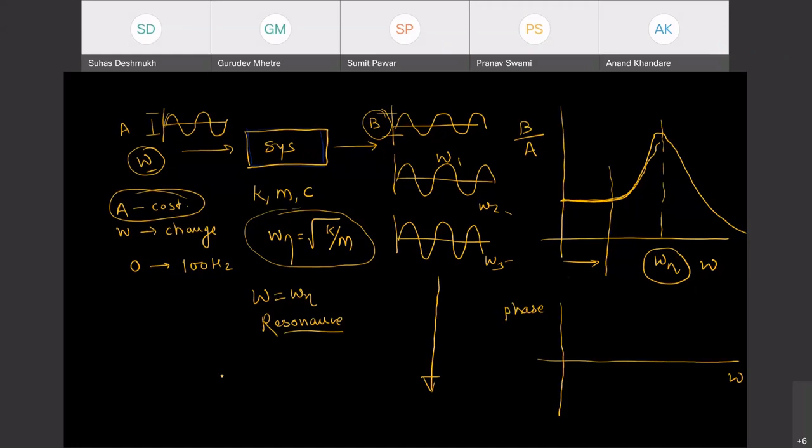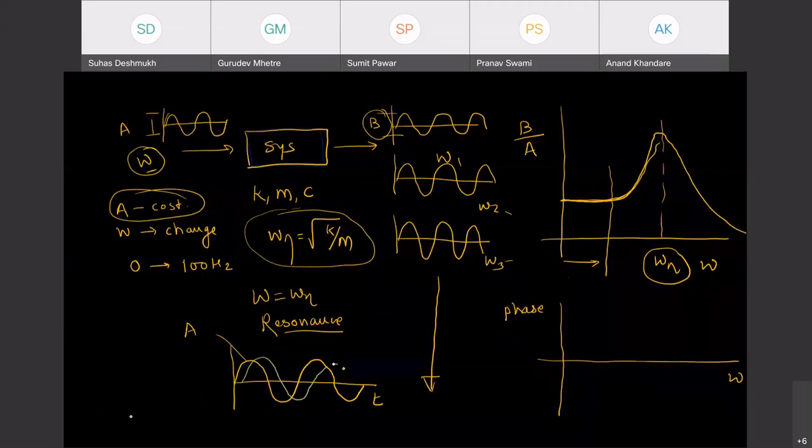If I plot these two curves onto one graph, this is my input, my A. Another one, if I plot an output curve, will not exactly match this, but it will have something like this. And what is this delay? This delay is the phase between these.